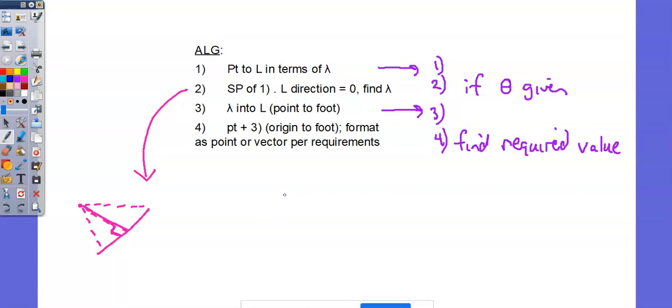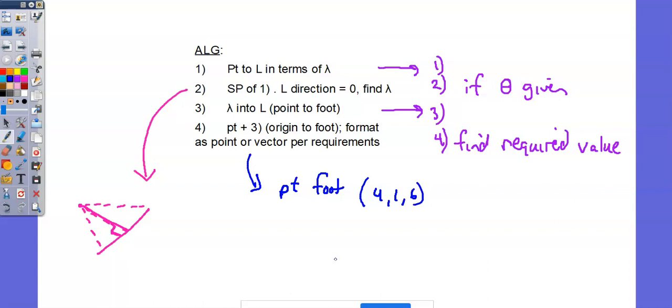So if we had the example, let's say, to be clear on the requirements, we found the point of the foot is 4, 1, 6. And the requirements were the point of the foot, then we're done.